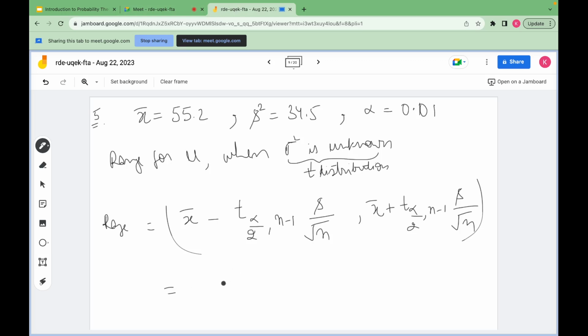When you find this value, t alpha by 2, n minus 1 is around 2.58, and the range comes out to be 53.94 to 56.46. Let us check these values. Alpha is 0.01 and n is 144.